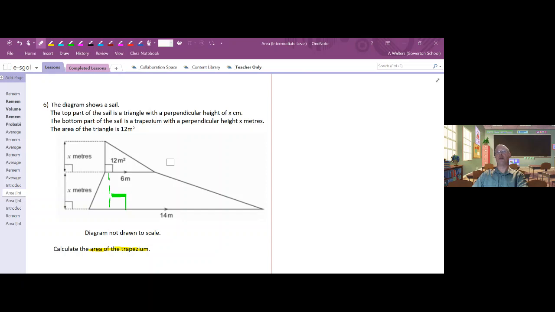We're given the area of the triangle. We'll find the height x, and when I work out the height x for the triangle, I write that on the drawing here, and then we use our formula for the area of a trapezium. Now, I would pause the screen when you're ready and press play when you think you've got the solution. Okay, so I'll pause myself for a moment.